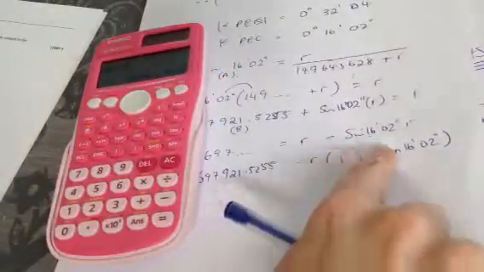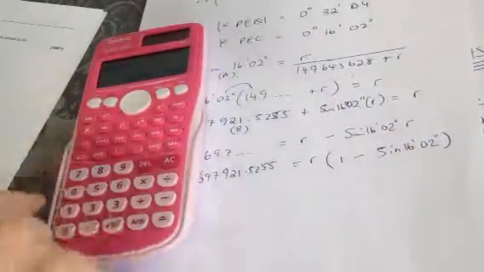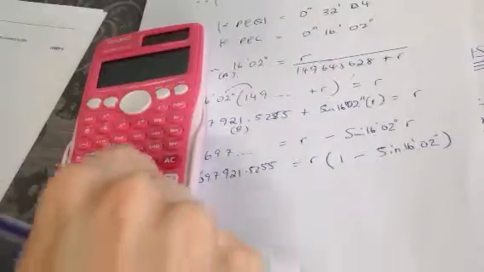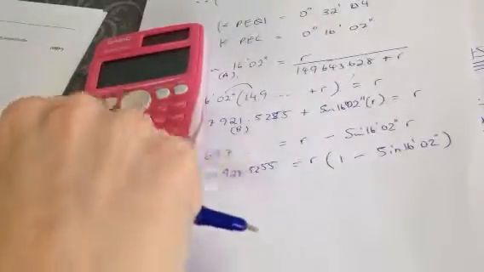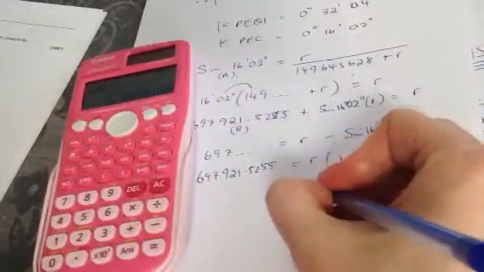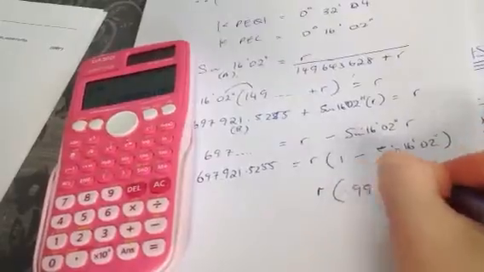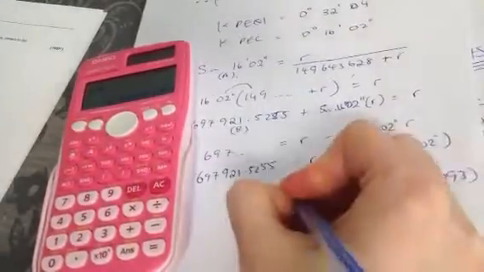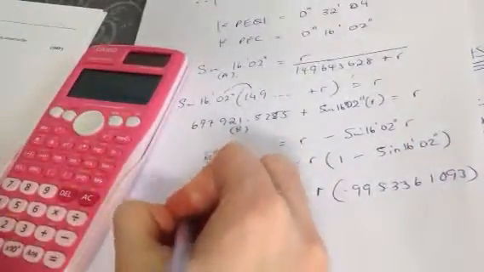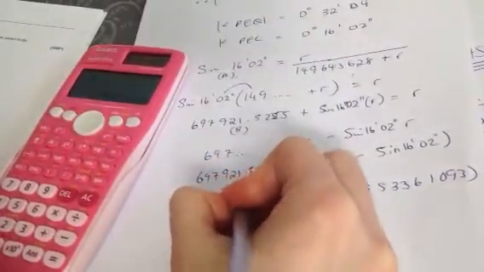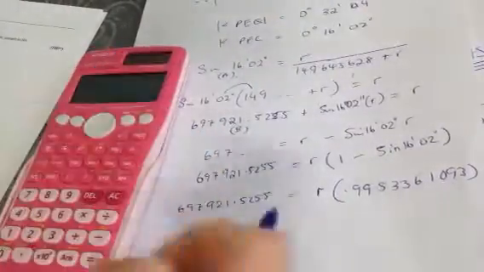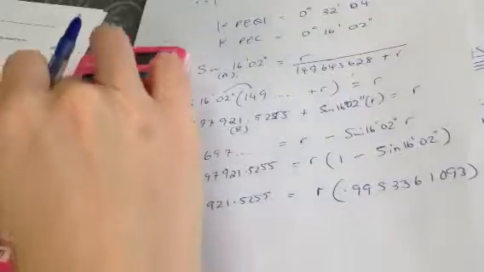So I have this stored in my calculator as A. So I'm just going to go 1 minus A. And I'm going to store it as C. So that's R times 0.99533361093 is equal to 697,921.5255, which I've stored as B in my calculator. I need to bring this over. It becomes division.